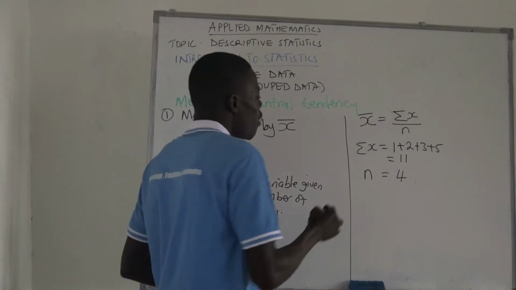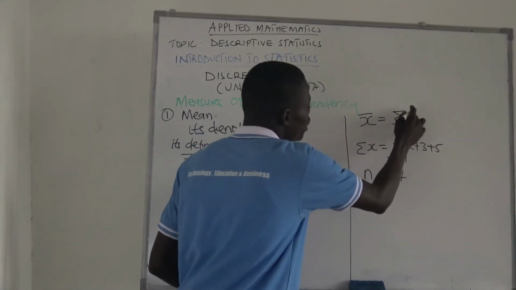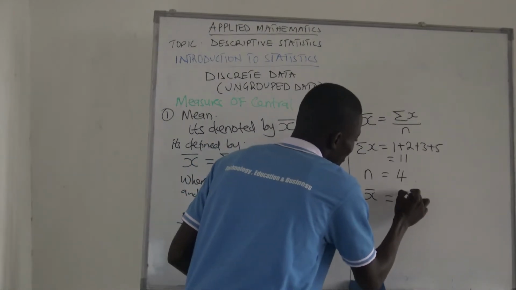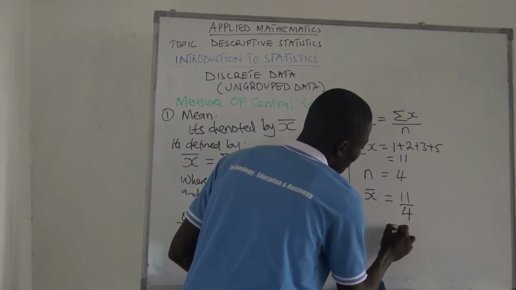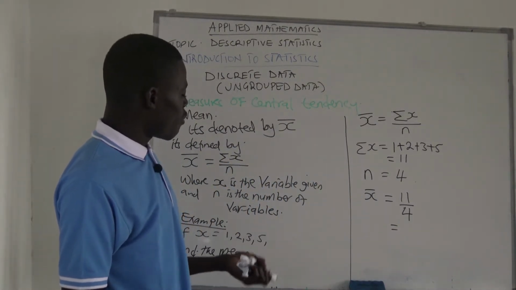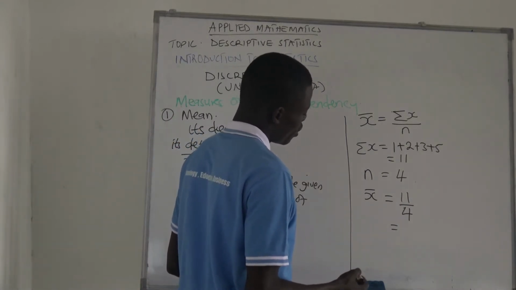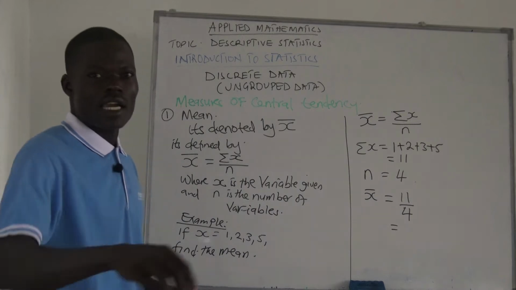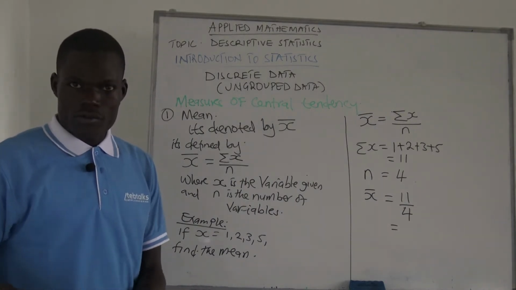So now our mean becomes summation of x, which is now 11, out of 4. What do you get? 11 divided by 4. So let me use my calculator and get that one to be sure.